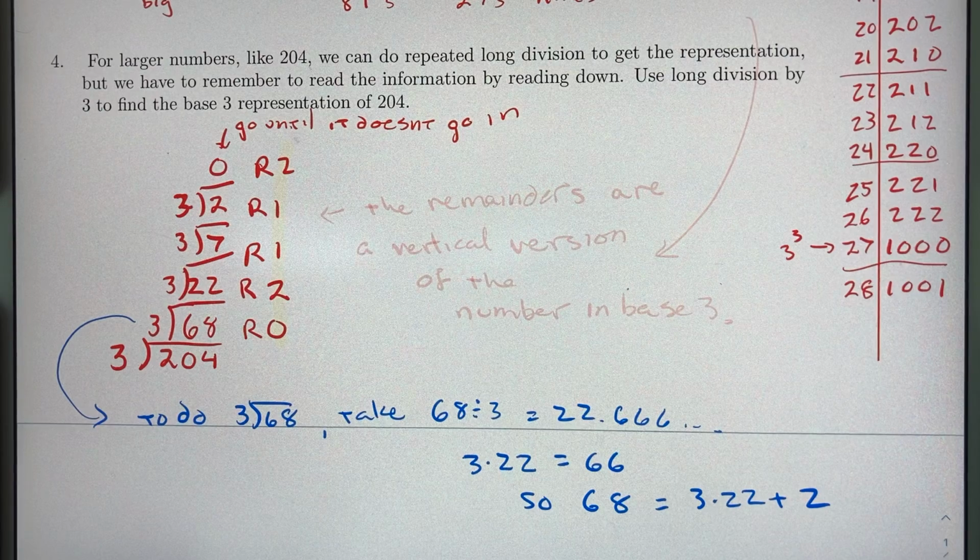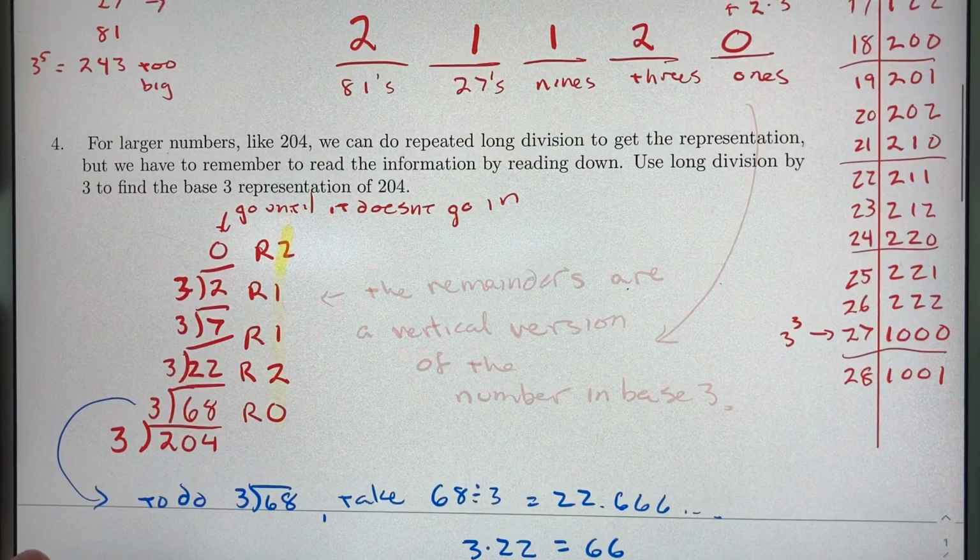And then you can just read the vertical version of the remainders. And they are exactly a vertical version of the number.